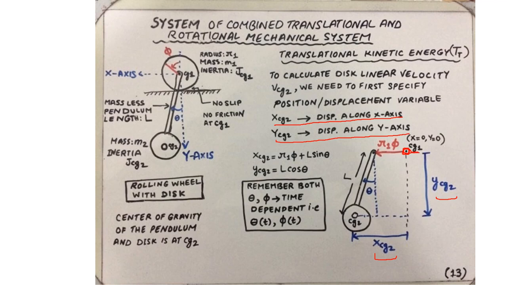So in this diagram, all we are saying is that as the wheel moves to the left, then the center of gravity also moves to the left.